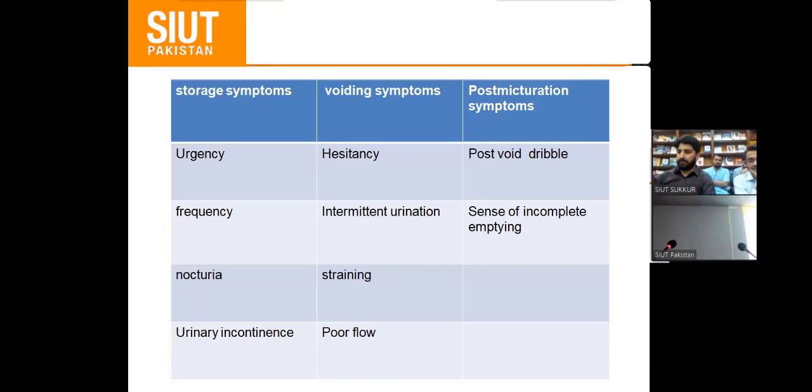Dr. Riaz, when will you say this is frequent micturition? How many times in 2 hours or 1 hour? In the absence of excessive water intake, if a person has a voiding interval of less than 2 hours, or if a person is voiding more than 8 times in a day, then it will be significantly increased frequency.